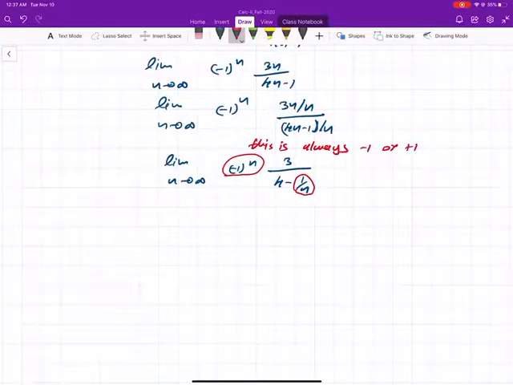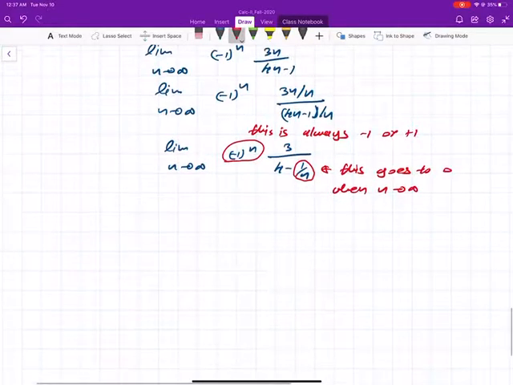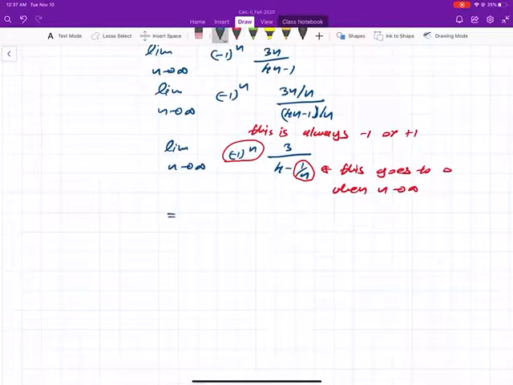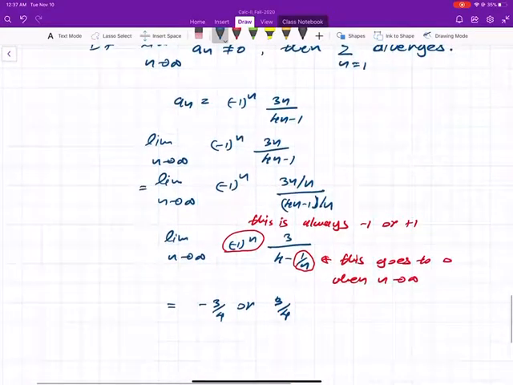But this part goes to 0 when n goes to infinity. That means the answer here should be negative 3 over 4 or positive 3 over 4.